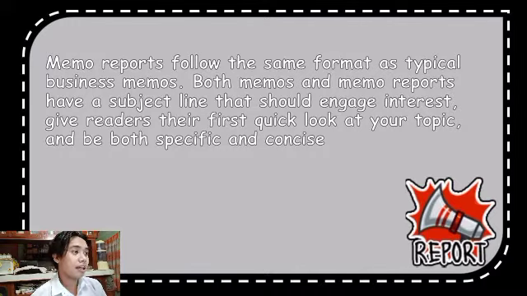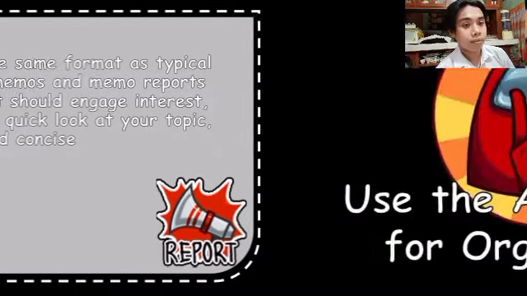So just like common business memos, memo reports engage the interest of readers. They use words or format that will easily catch the eye of your specific reader, and are concise.